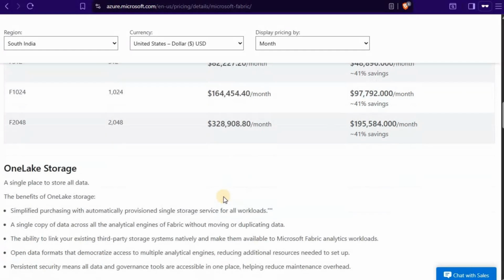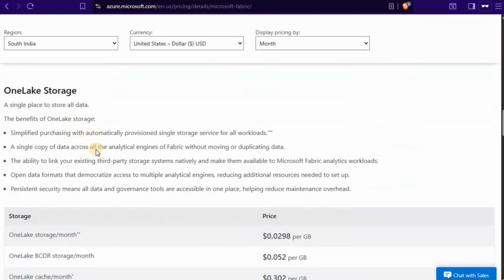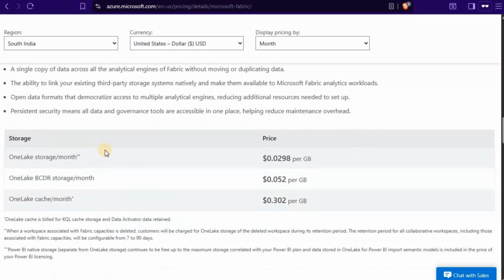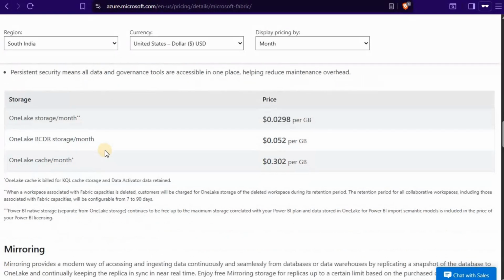Let's now discuss OneLake storage pricing. In addition to compute capacity, Microsoft Fabric introduces OneLake for all your data, which is the unified storage repository for Fabric. OneLake storage is where all of your data in Fabric is kept, whether that's files, tables, or analytical data. The pricing for storage in OneLake is separate from the compute capacity, and it's charged based on how much data you store.